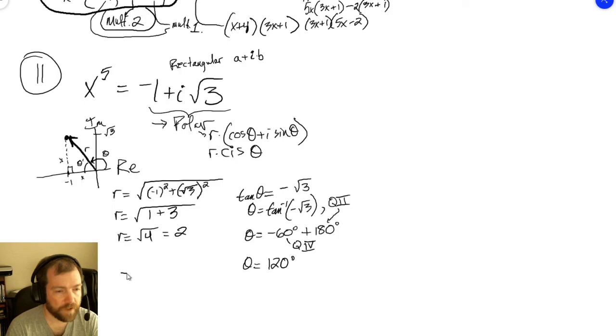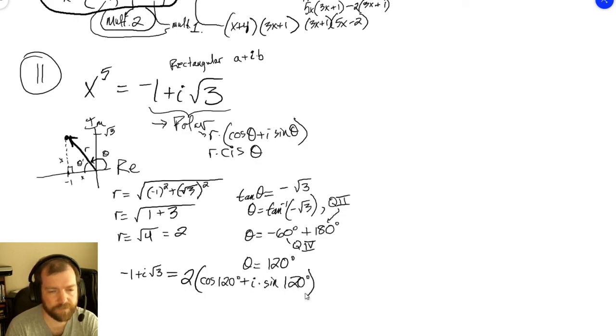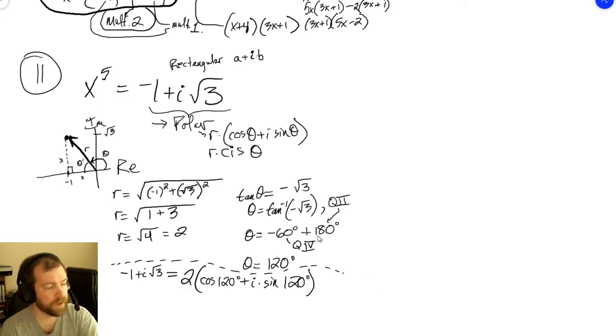So -1 plus i root 3 is going to be equal to 2 times the quantity, cosine of 120 degrees, plus i times the sine of 120 degrees. So this is what we get first. Then this replaces all this stuff up here.